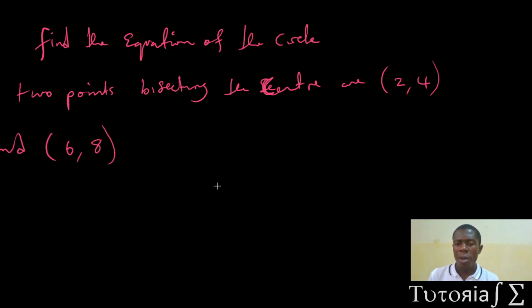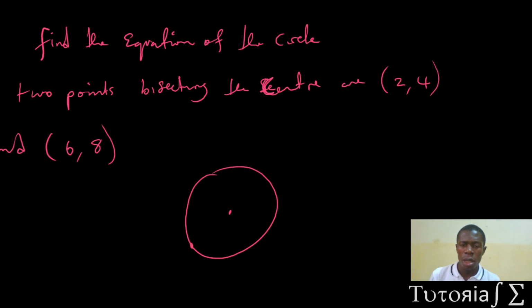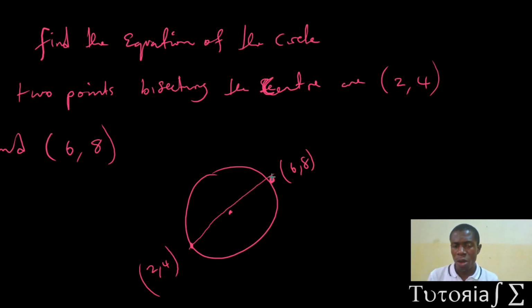Okay, so maybe you have 2 points bisecting a circle and these points are opposite to each other. This one may be 2 comma 4 and the other point is 6 comma 8, and these points are bisecting the circle like that. So you're asked to find the equation of this circle.